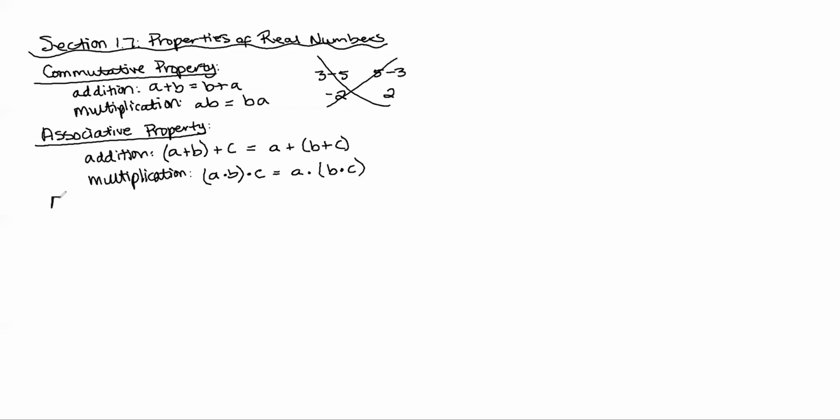Let's go ahead and look at some examples here. For this set of examples, we want to use the commutative property, and I'm going to abbreviate that COMM PROP, to complete the statement.